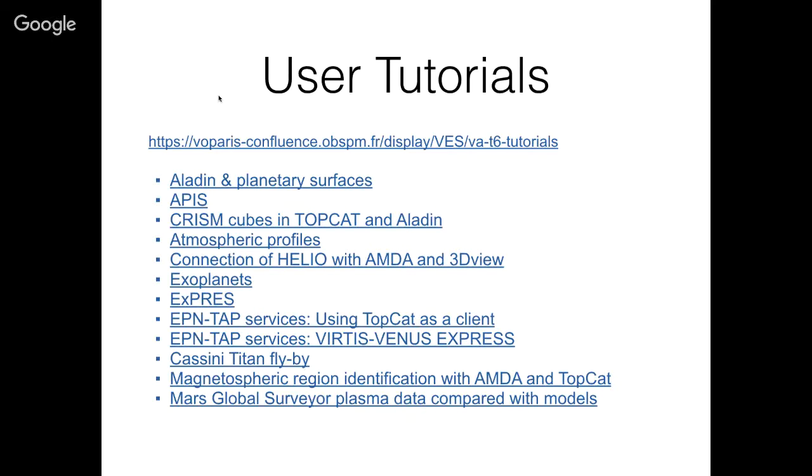So I will not go into the details of that specific tutorial, which is more adaptive. You can see that there are others on planetary atmosphere, planetary plasma, solar wind in the solar system, APIS on planetary aurora, and on exoplanets. So it shows the variety of the data that we have.